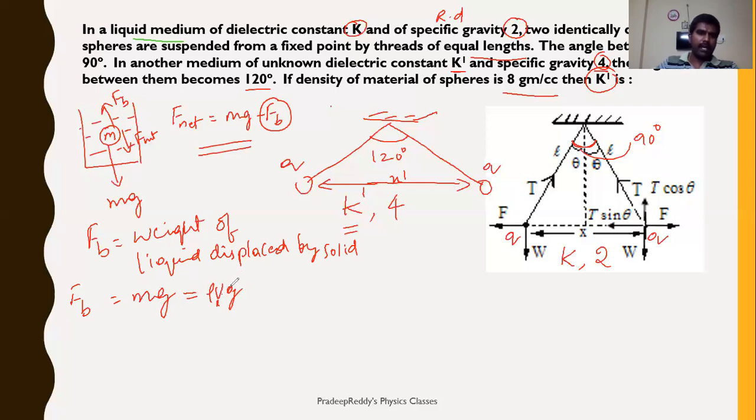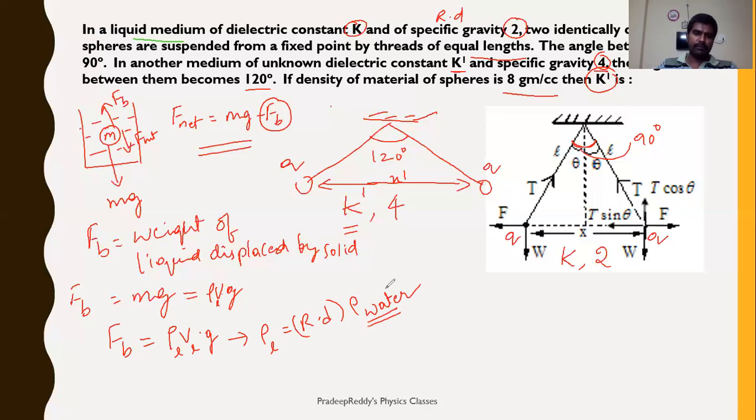So whenever we are using buoyant force in this particular problem, you need to remember that it is rho L, that is density of the liquid, into volume of the liquid into acceleration due to gravity. And the density of the liquid will be equal to relative density into density of water.